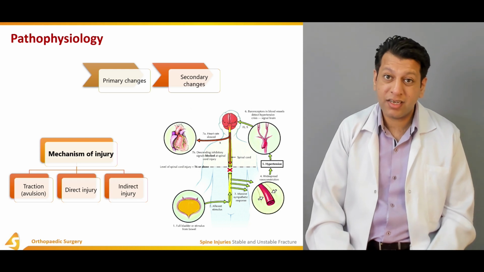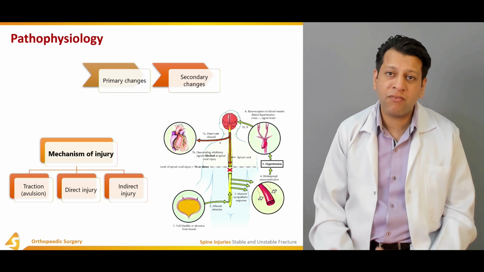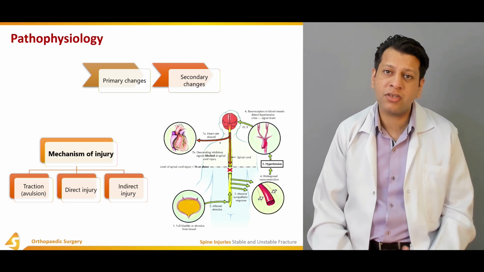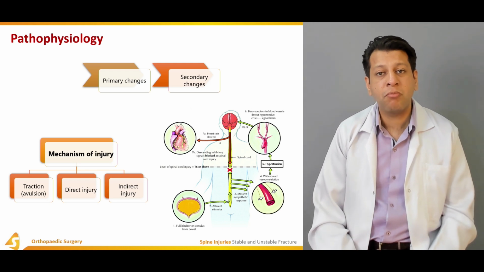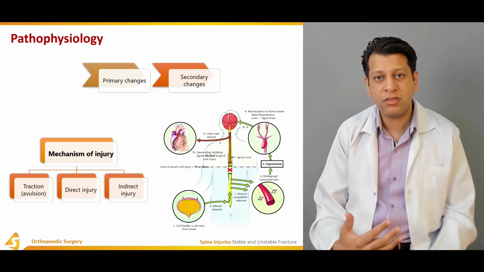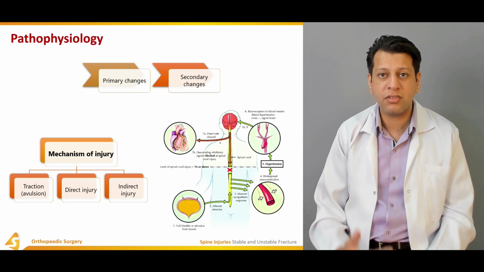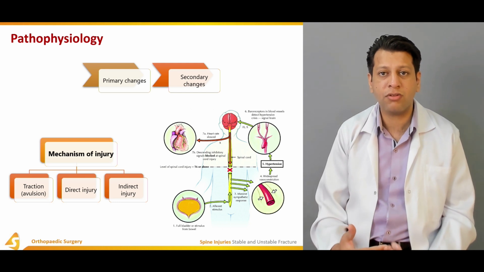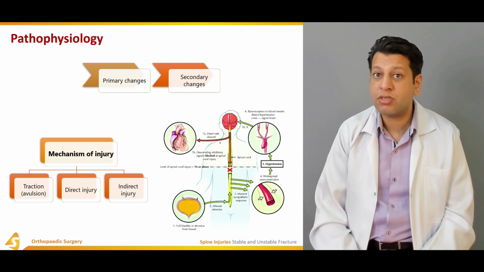Mostly it's the indirect injury. Indirect injury is the maximum flexion distraction or extension distraction occurring at different levels of the spine, because usually the transition of the thoracolumbar spine is the weakest area. As a result, when there is sudden deceleration, the lumbar spine remains intact and the thoracic spine flexes forward over the lumbar spine, leading to a chance fracture of the thoracolumbar region.